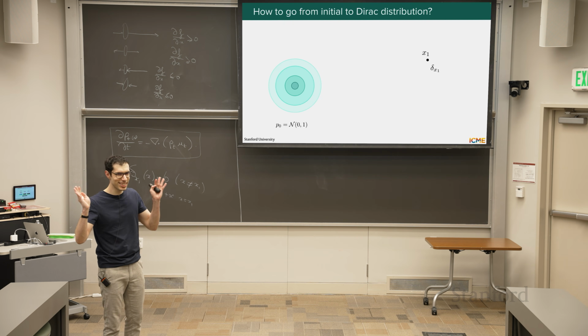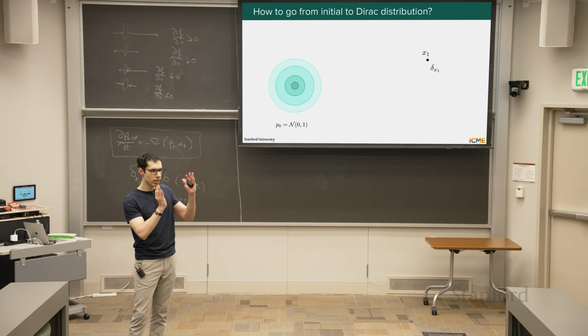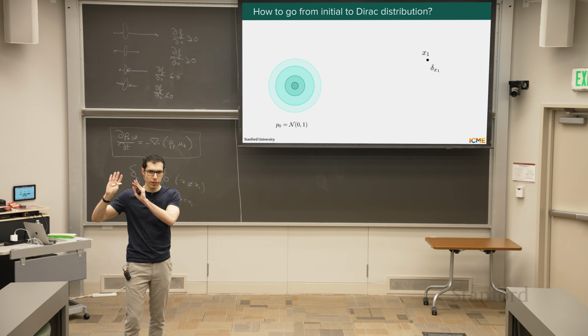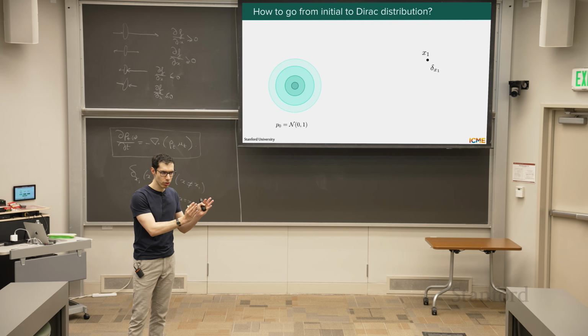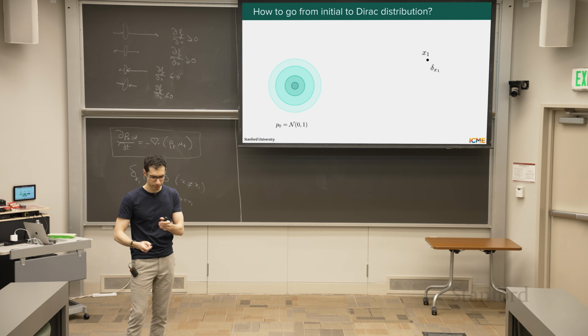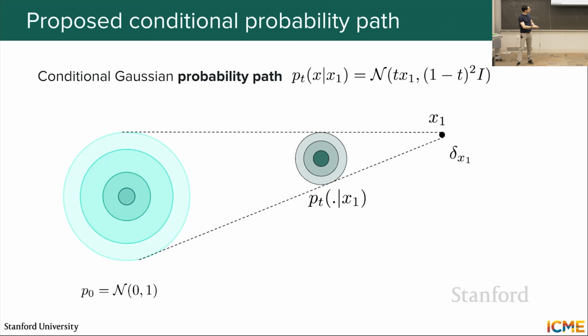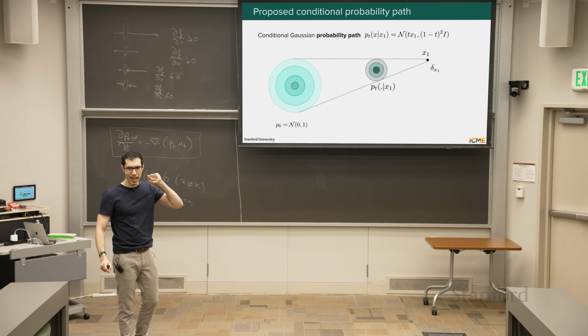we simplified our problem from initial data distribution to your target one. So we changed from that formulation to initial data distribution to a single point. So one idea could be for us to think of the following way of going from one to the other. Let's suppose you have a probability path that is super simple. It's just a Gaussian distribution that is being interpolated between 0 and x1.